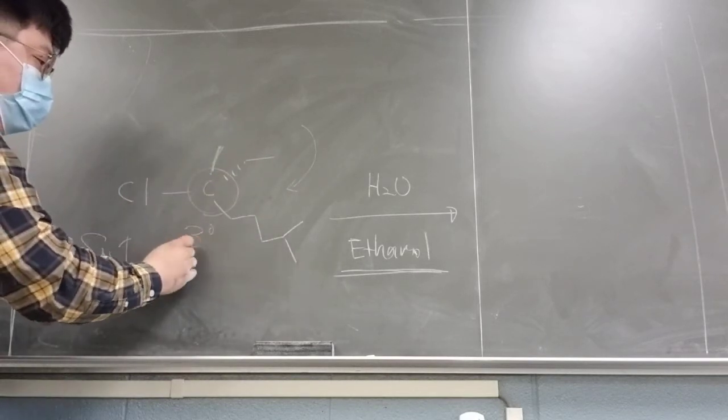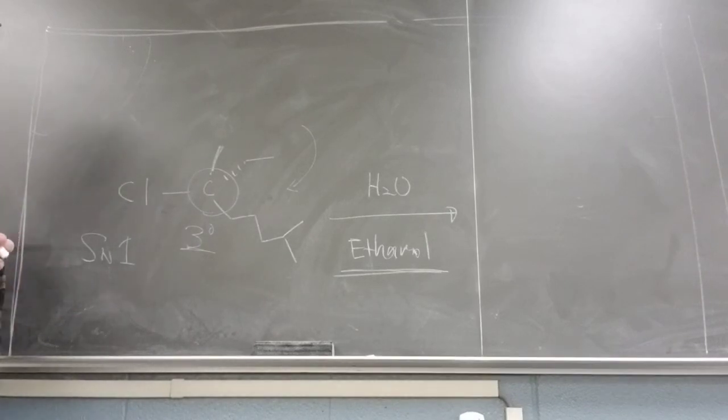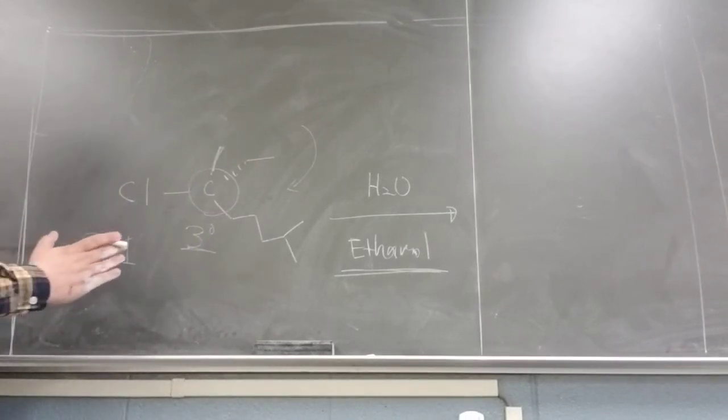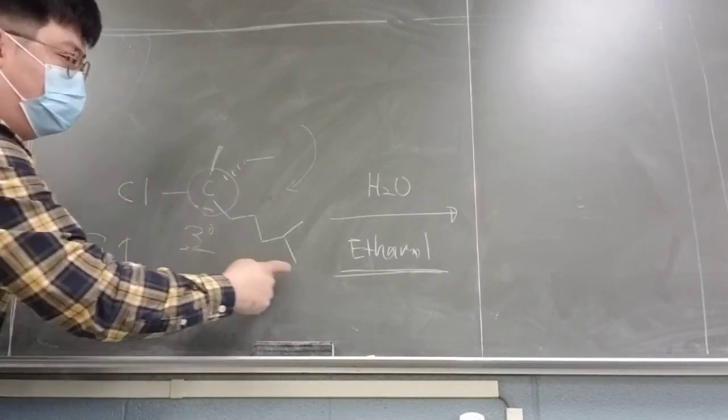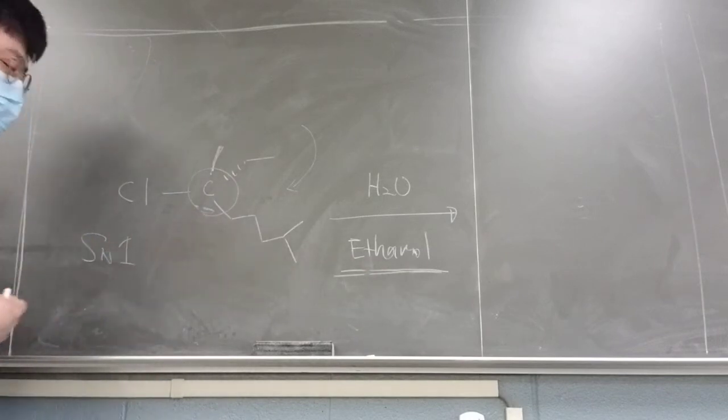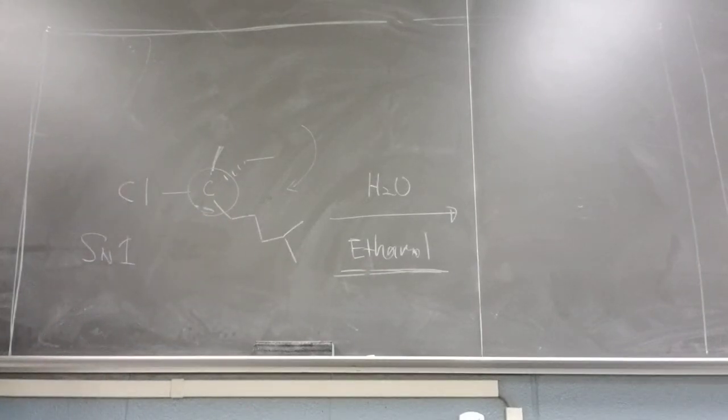So if it's tertiary, SN2 is almost impossible. It may be possible, but very slow. So it is almost certain, by looking at a tertiary carbon in ethanol, it's gotta be SN1, not SN2. Makes sense, right?